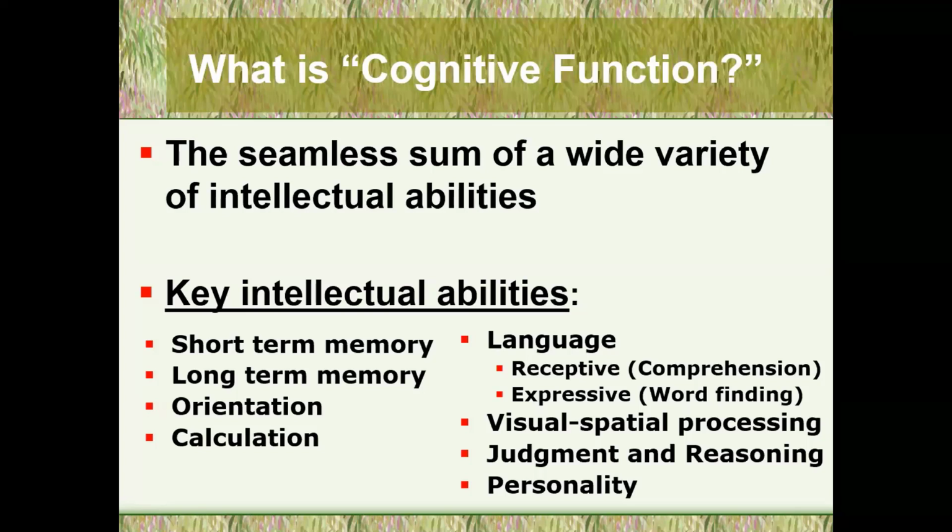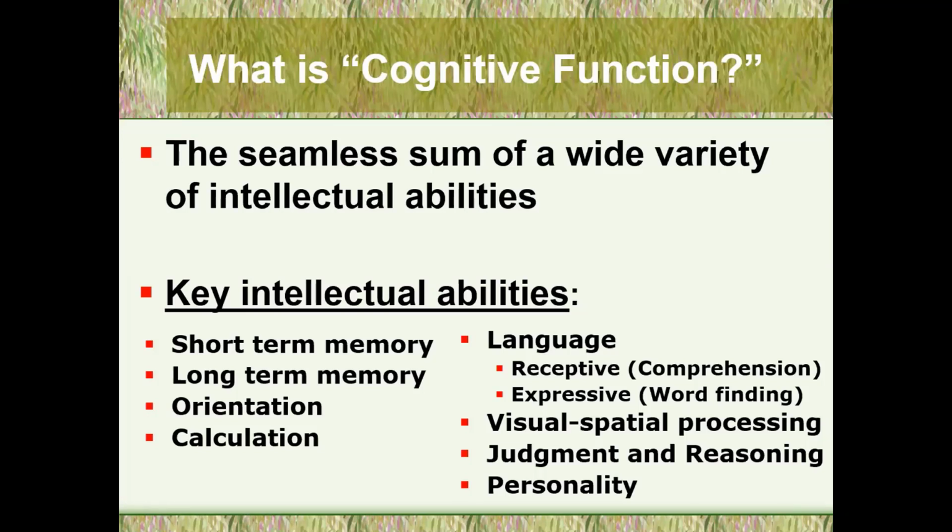Language function is a highly complex, highly intellectual process that grossly can be broken down into receptive language function, which is what you're doing now, listening to me talk, and expressive language function, which is what I'm doing now, talking to you. With expressive function, you're able to have a thought in your head, find the words for it, and express those words.